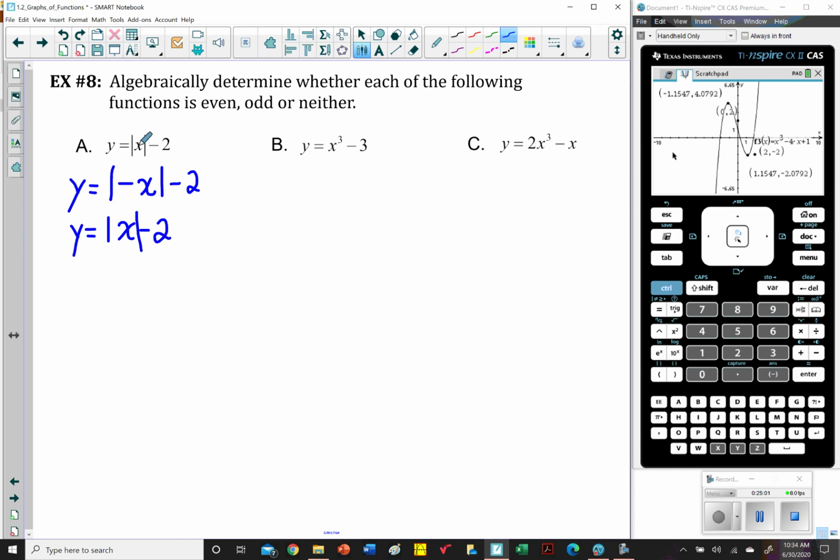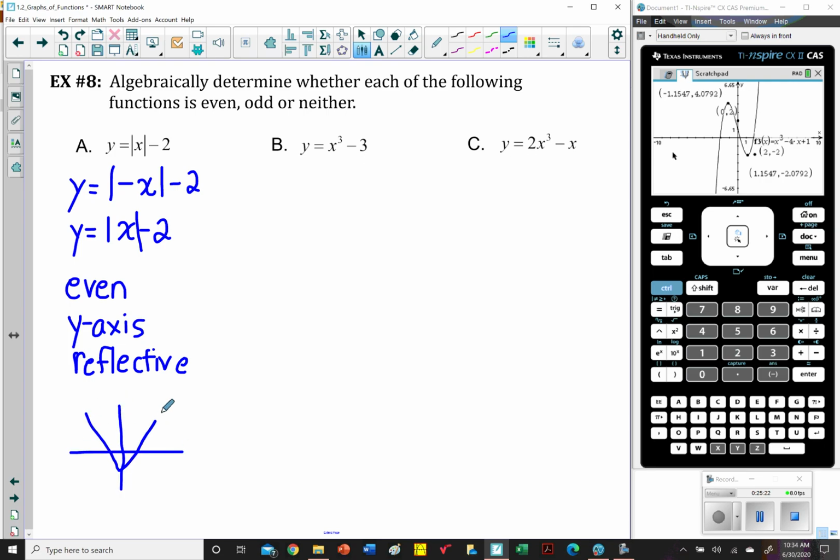And here you can see I substituted the opposite of x and got the same function out. This is an even function. It has y-axis symmetry. That's called reflective symmetry. The graph of the absolute value of x minus 2 is a V-shaped graph that's been shifted down 2 units.